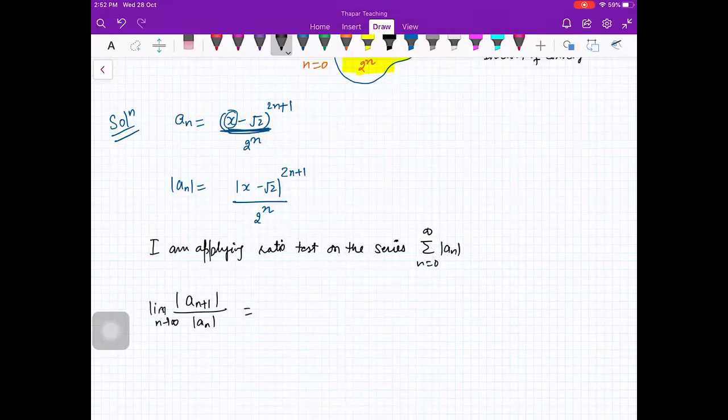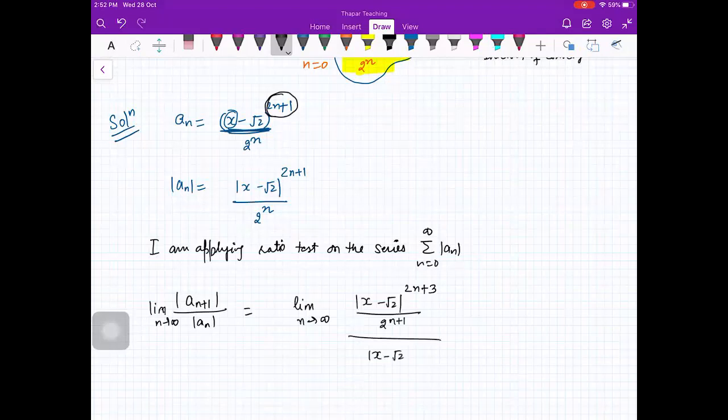If you put n plus 1 here, you will get mod of x minus root 2 raised to power 2n plus 3 upon 2 raised to power n plus 1, divided by mod of x minus root 2 raised to power 2n plus 1 upon 2 raised to power n.